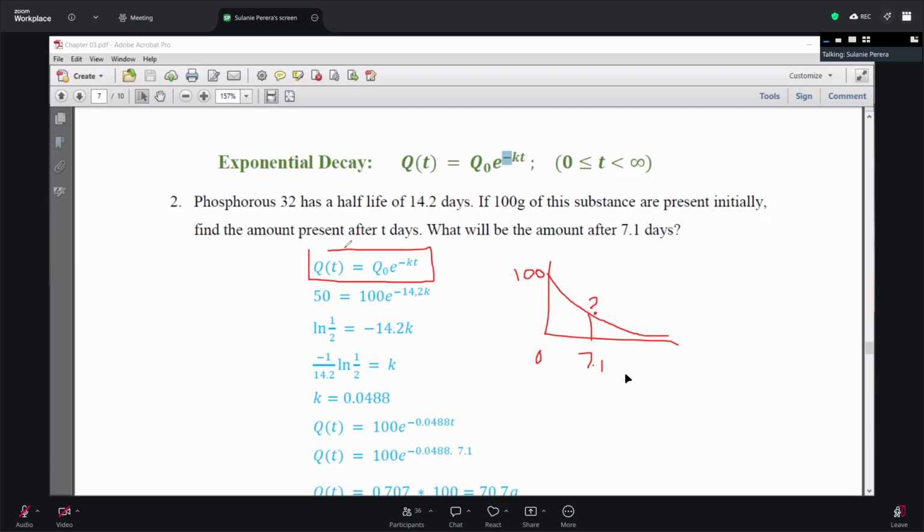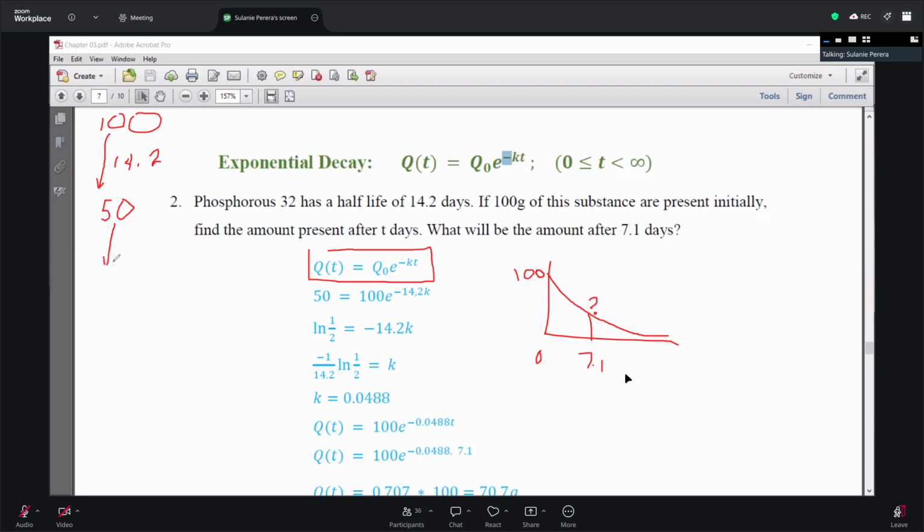So, it has a half-life of 14.2 days means it takes 14.2 days to become half. Initially 100 grams. Then after 14.2 days, it becomes 50.